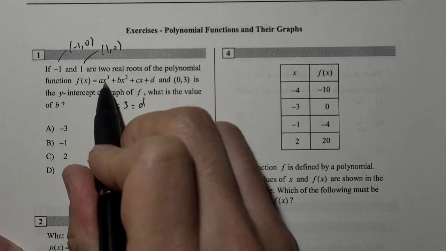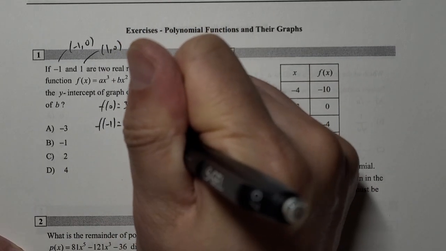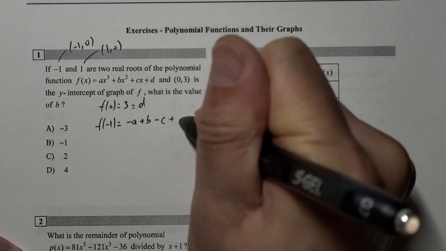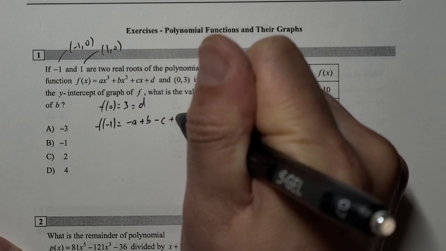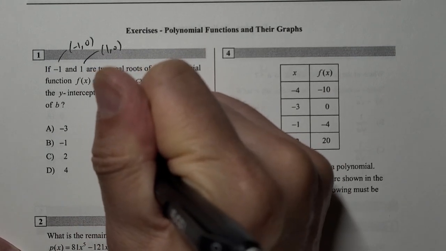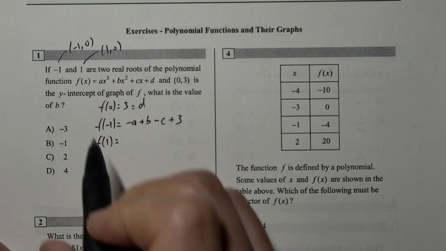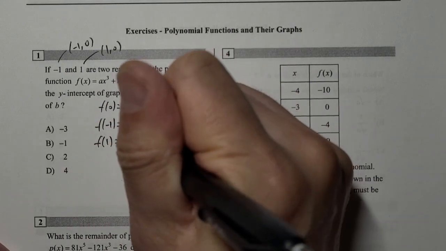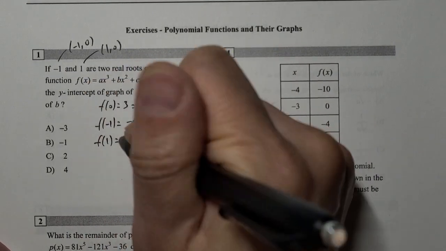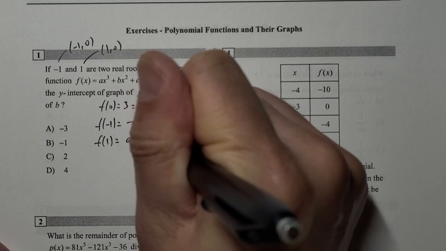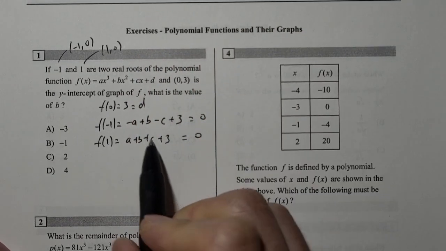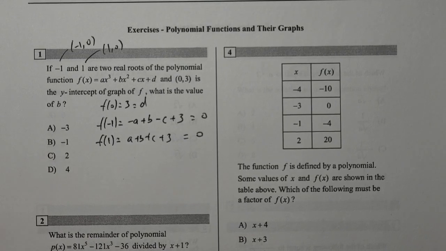It'll be -1 cubed, which is -1, so minus a plus b minus c plus d is 3, right? And f of 1 is, plugging x as 1 to here, it'll be a plus b plus c plus 3, and we know those two are equal to 0 because they tell us they're roots or x-intercepts.